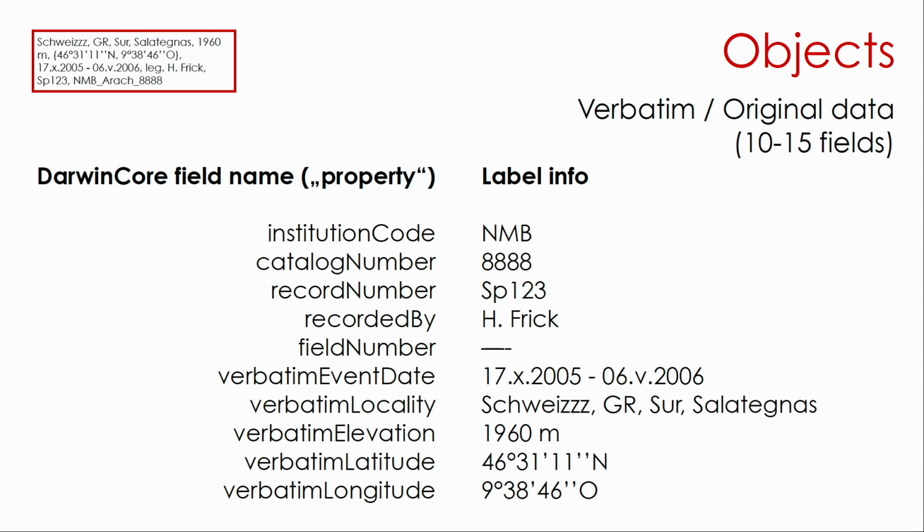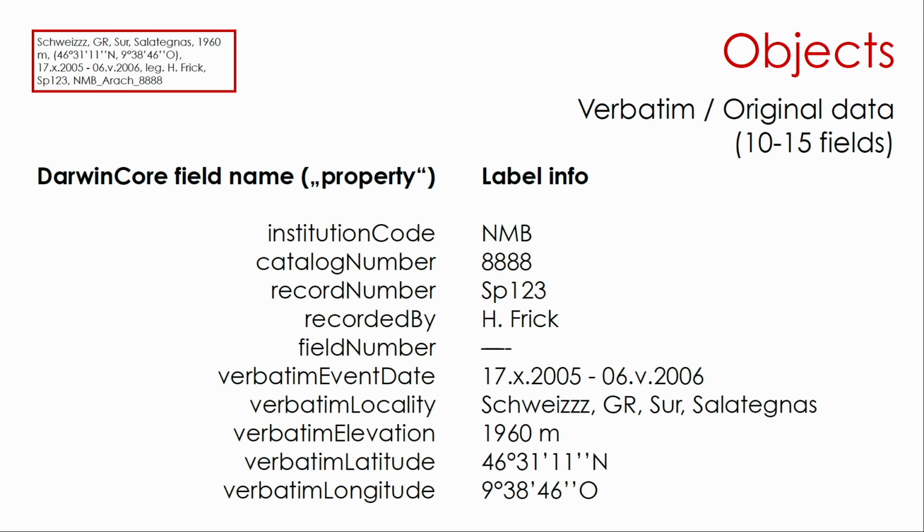Then, for example, every verbatim event date includes the date when these specimens were collected. But it also includes something like Schweiz with 3 sets in the verbatim location. It's wrong, we all know, but we put it in there just one-to-one.